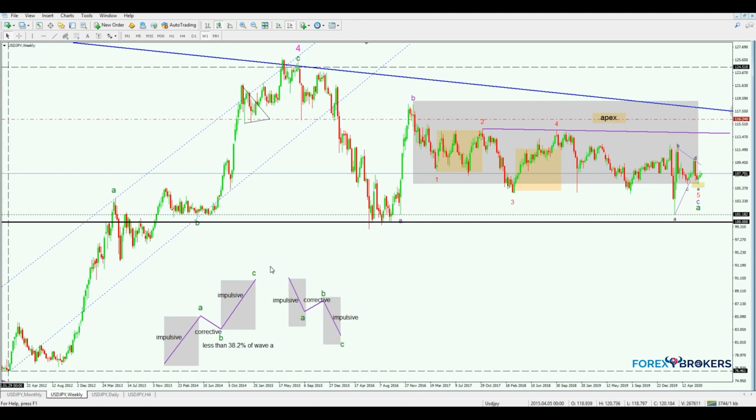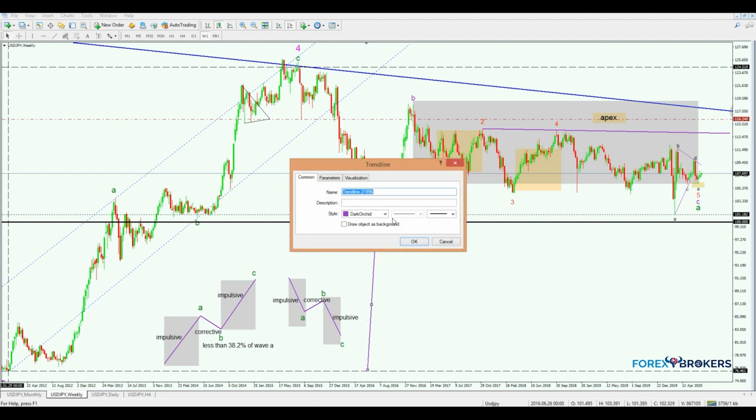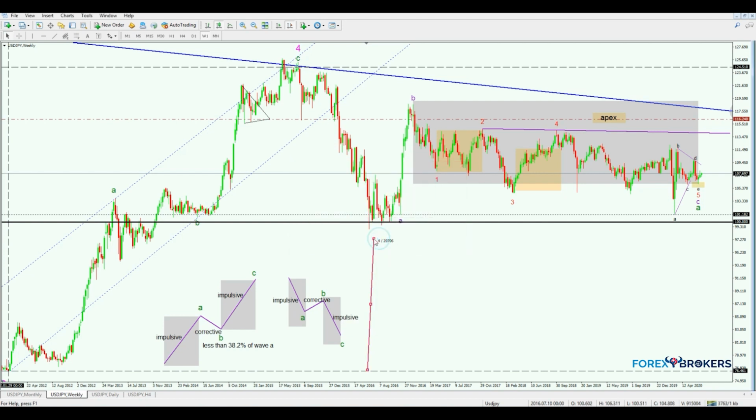Now there are three types of zigzags, and in order to discuss all of them, I will split the screen here. Let's make it a different color so that you can see it easily. The type of a zigzag is given by the length of the C wave. So imagine we have wave A, wave B, remember?